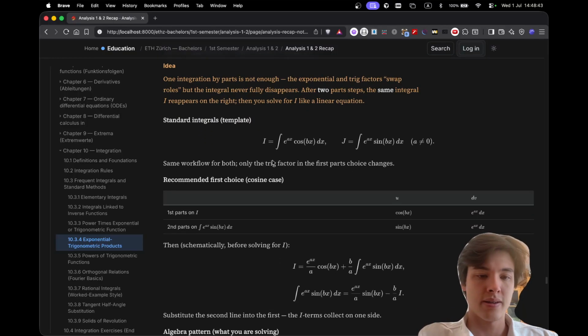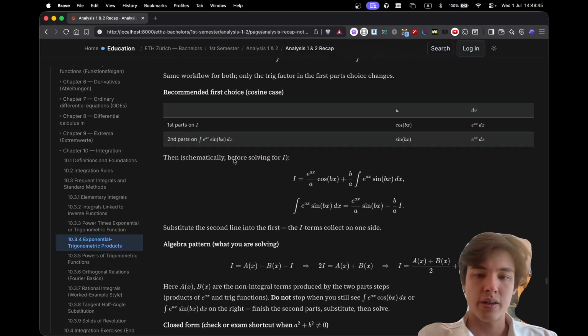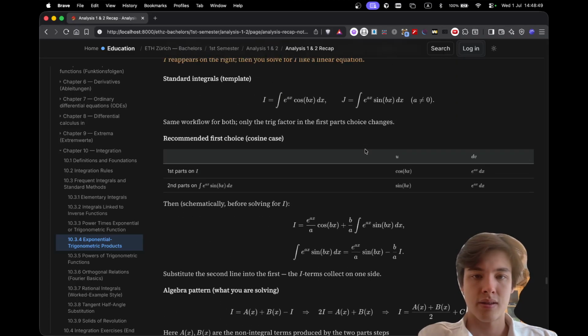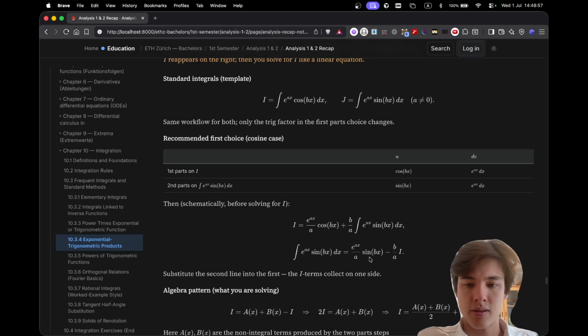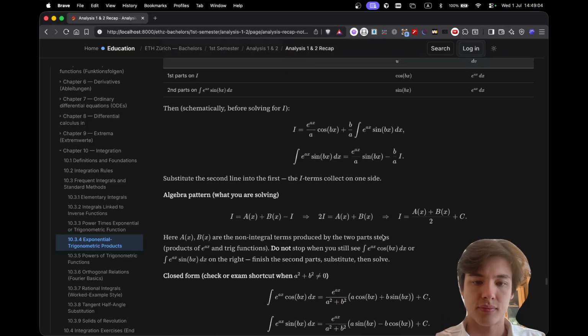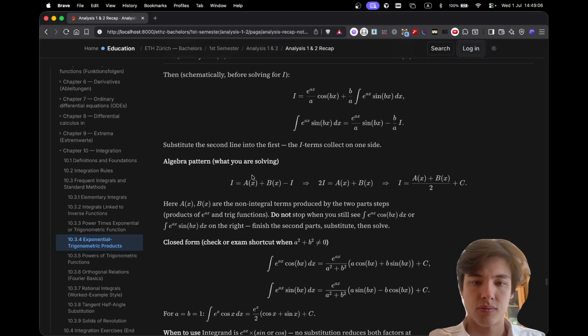Yeah, if it's like this, we do parts twice. And then this looks similar to the first one. If we do it again, I think, it looks like this, right?